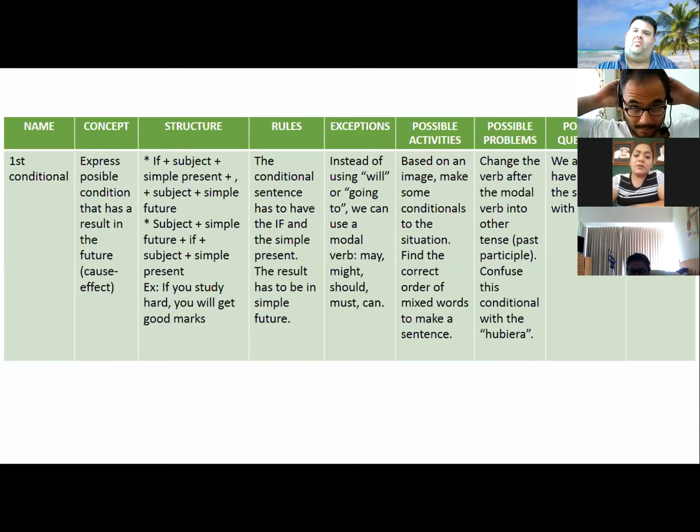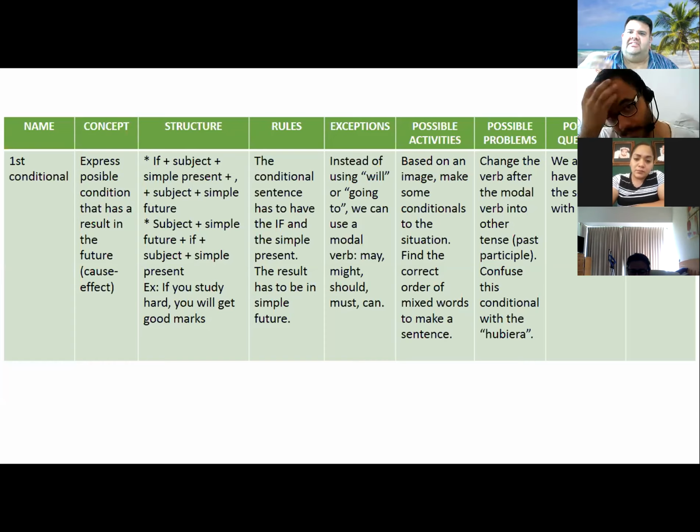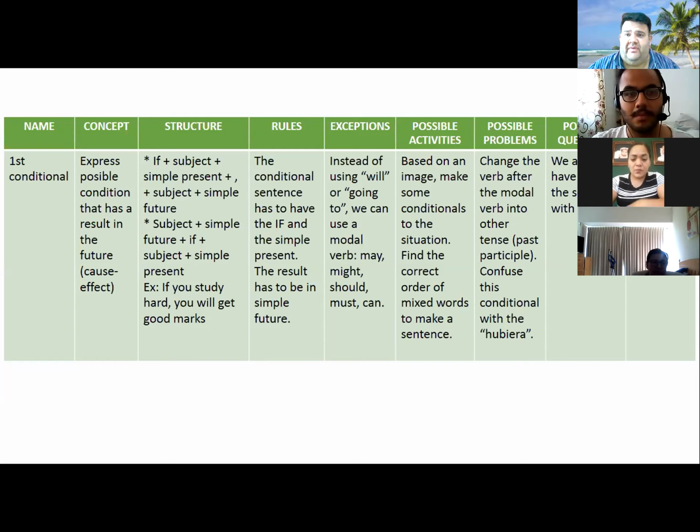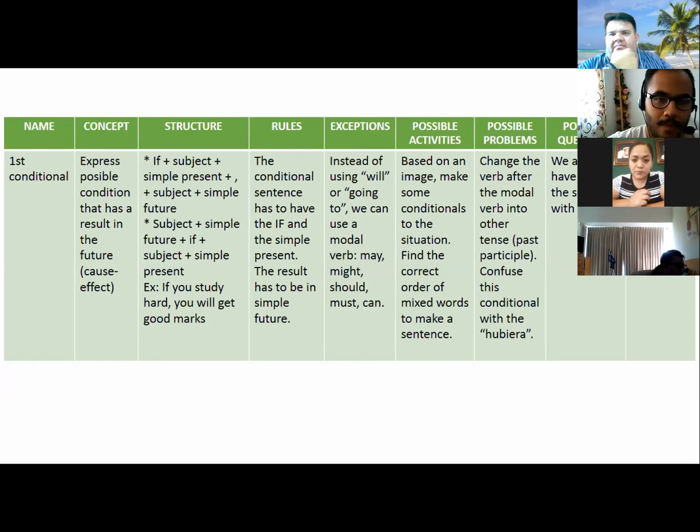Remember that the concept is when and how students are going to use this particular grammar point: what real situations and contexts students will actually use it in. Maybe things that they do in the present that can have a result in the future? Well, that's still the description. Let me show you.